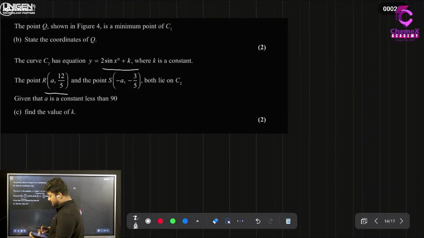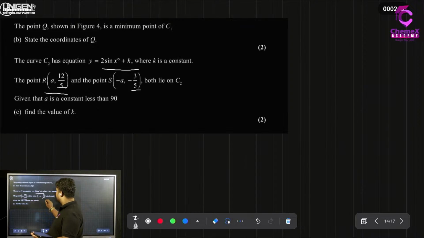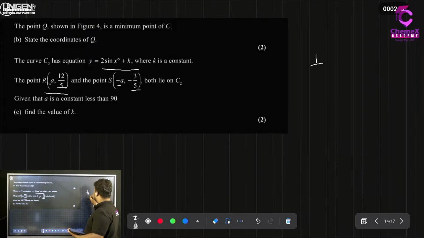Since the y values are given, you can take the difference of the two y values: 12 over 5 minus 3 over 5.